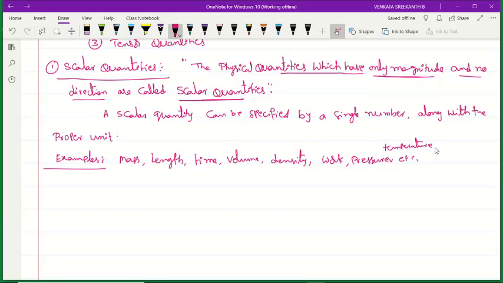Temperature also, etc. All these things. Some electric current also, one more example. Electric current.